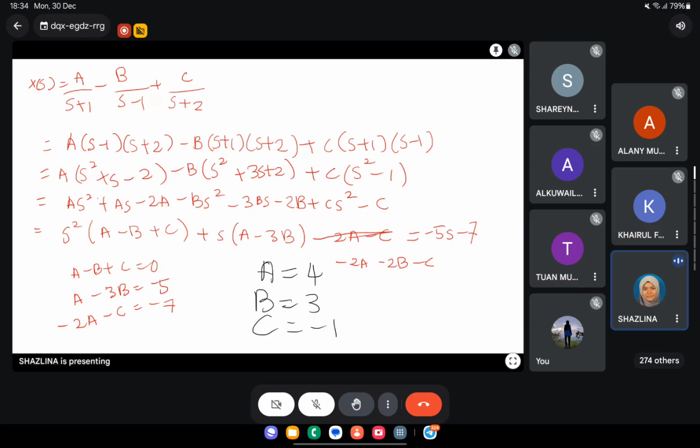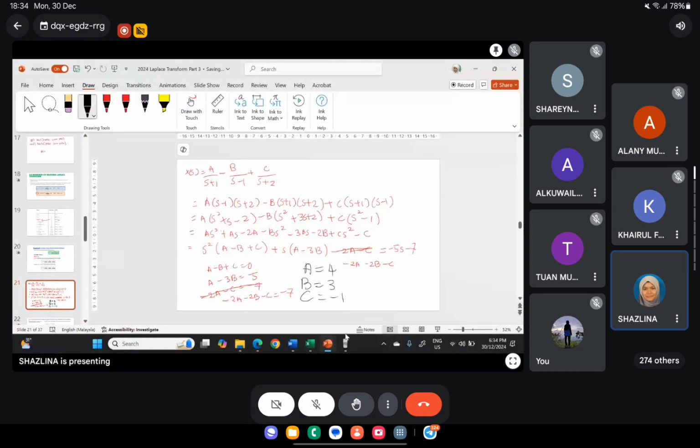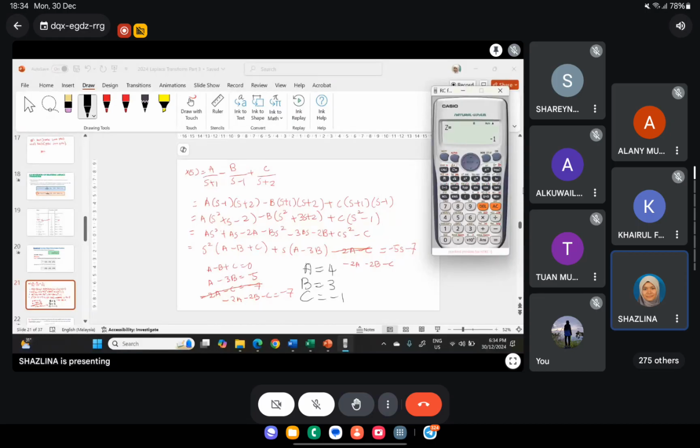Okay, let's try again. So this should be minus 2A minus 2B minus C equals to minus 7. Okay, we go back to number 2. So A is 1, B is negative 1, and C is 1, and D is 0.